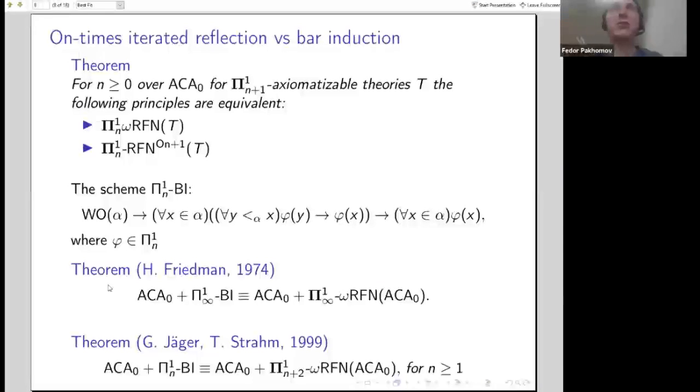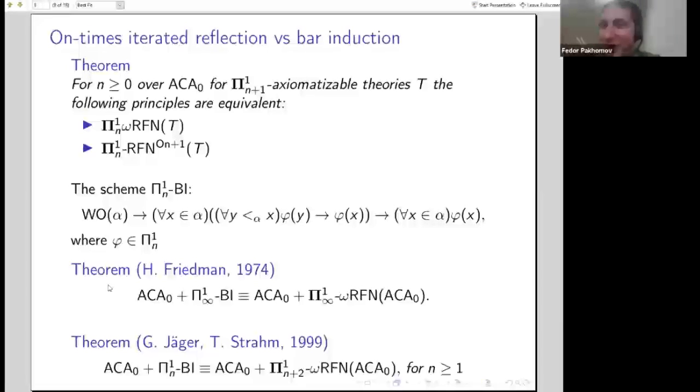It's important to note that it's not obviously provable. Of course, it's provable, say, in full second order arithmetic, but when you work in a weak system like ACA naught, where we don't have comprehension for Π12 formulas and we just have comprehension for arithmetical formulas.